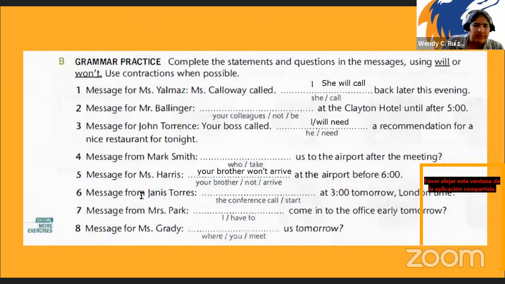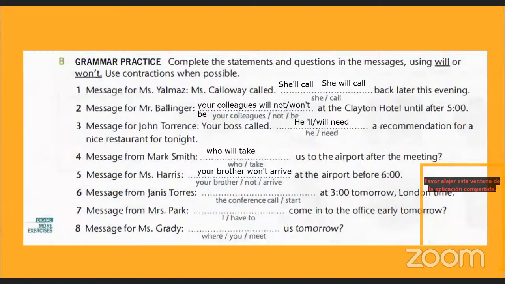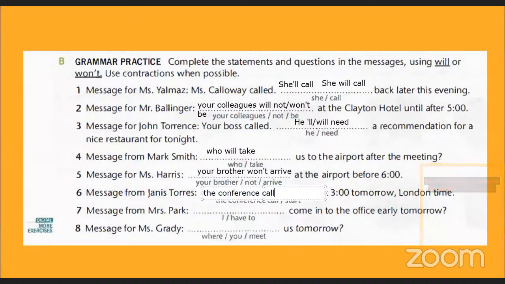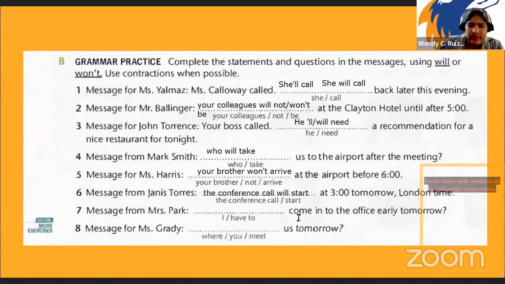Bessie Flores, number 6. The conference call will start. Es correcto. Mire, hay cosas que no se pueden contraer. Por eso dice que cuando es posible lo utilicemos con contracción. Who will take? No hay manera de contraer.